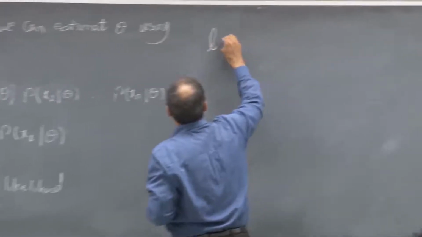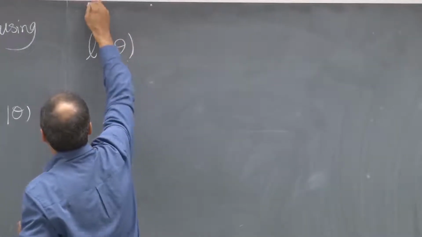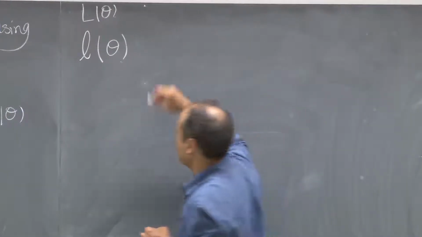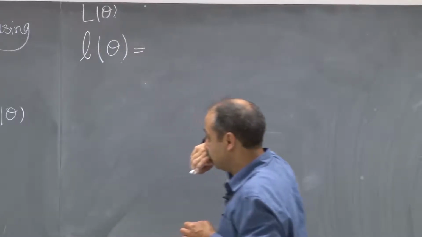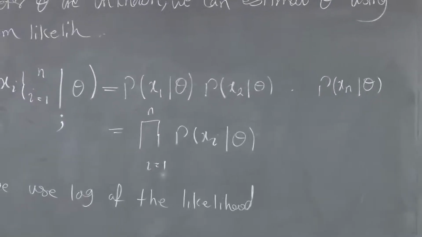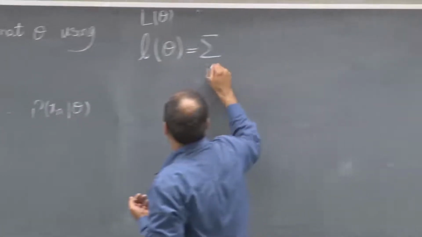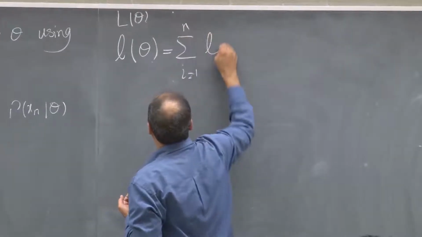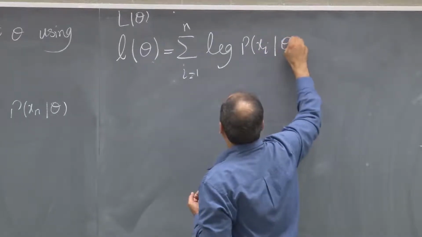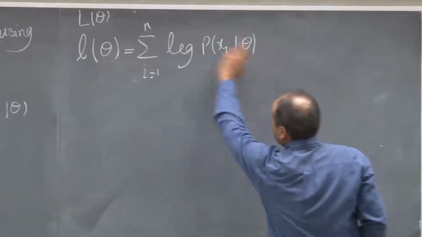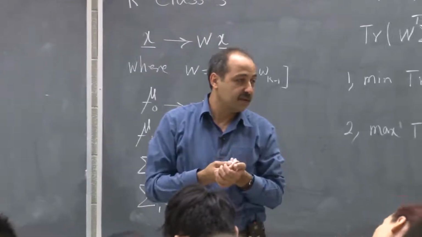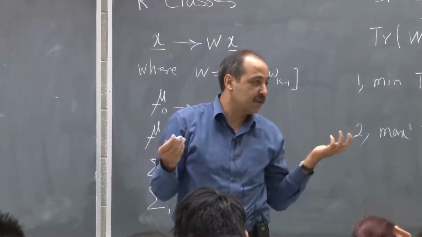Usually we show likelihood by capital L, and we show log likelihood by this L. Log of a product would be a sum of logs, right? So I can write this as a cost function, maximize it, and find theta. So this is the maximum likelihood estimation of the parameter.